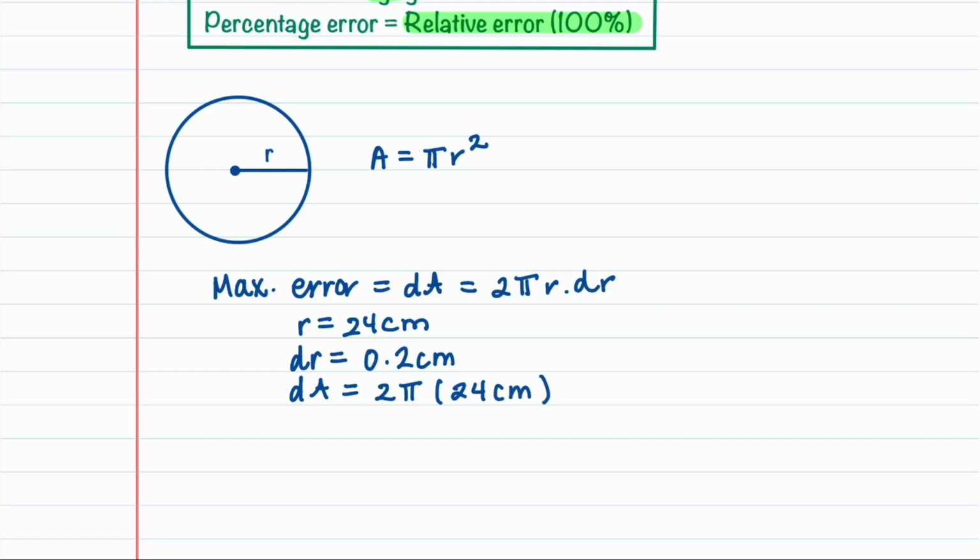Make sure to put units in there. And then our dr is 0.2 centimeters. And this is equal to 9.6 pi centimeters squared. When we leave pi in our answer, it is an exact answer.